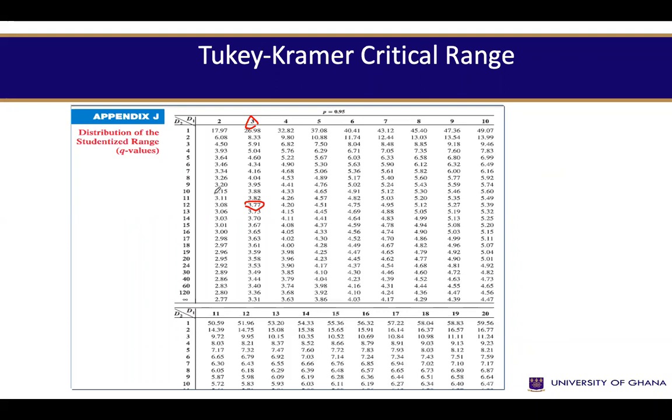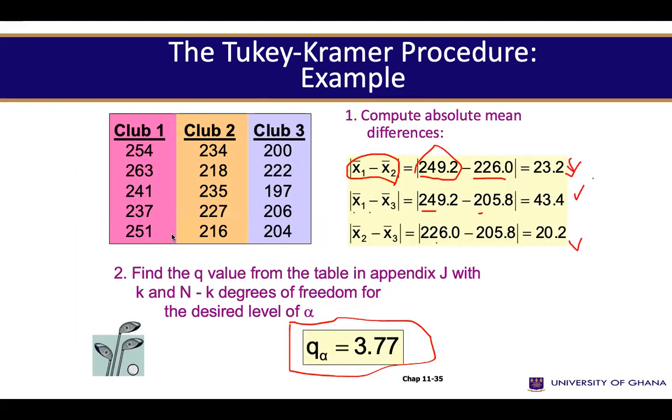Okay, Maureen. Please, you were saying something about the NI and the NJ. Were you saying that because the sample sizes were 5 for each, that's the reason why we just did the critical range once? Exactly.